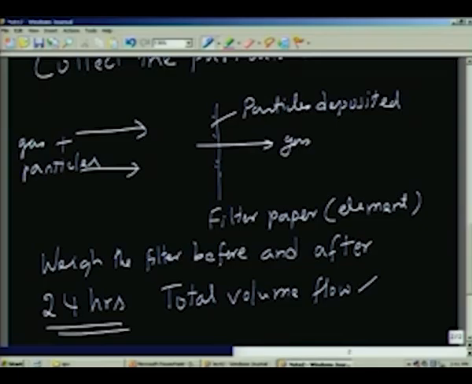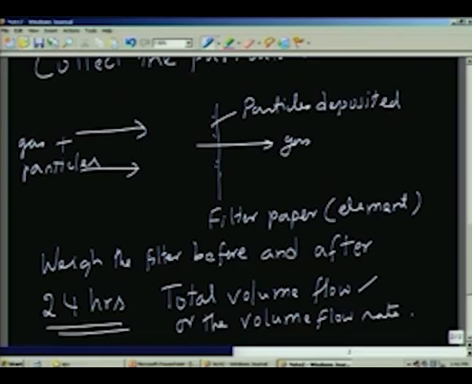So, volume flow rate, total volume flow, or the volume flow rate. One or the other. So, total volume flow you know, and then you find out what is the total amount of material collected.